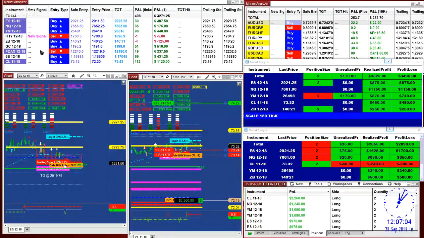We have a new signal on the Russell. Entry price 1700, target 96.9. This is a new signal on the Russell.